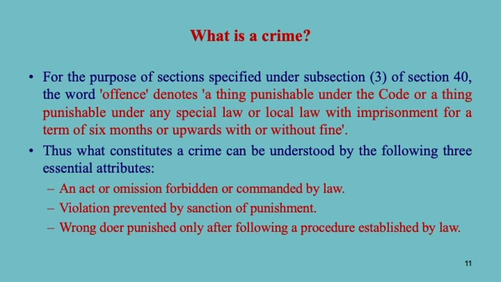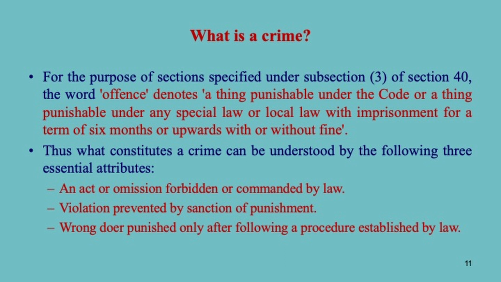Therefore, one can understand what constitutes a crime by following these three essential attributes. 1. An act forbidden by law or an omission commanded by law. 2. Such violation by commission or omission is prevented by the sanction of punishment, that is, by inflicting punishment prescribed by law by the state.